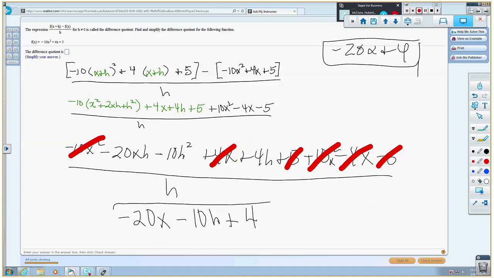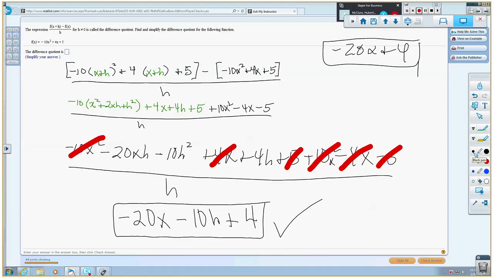And in calculus, the 10h goes out and we're left with that. So I do that to check to make sure that I'm right. That's your answer. And that's how you do that one.